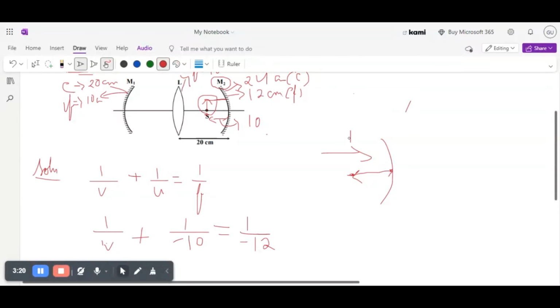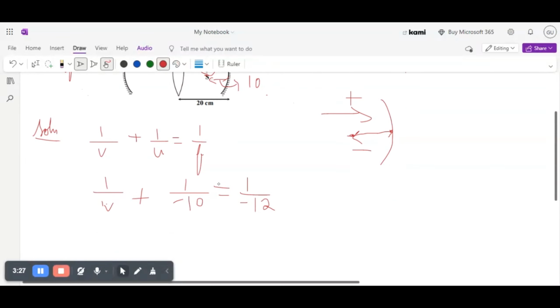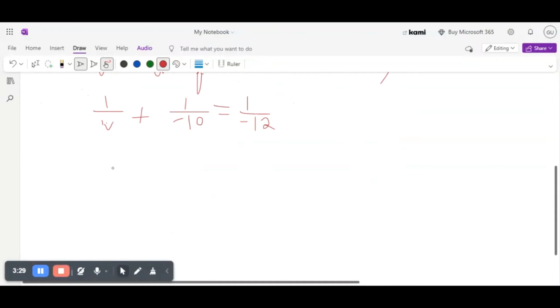So if let's say it's plus, then it should be minus. If we relatively see that, if you have studied relative motion, you must understand that, right? Then yeah, we can do this mathematical calculation here.